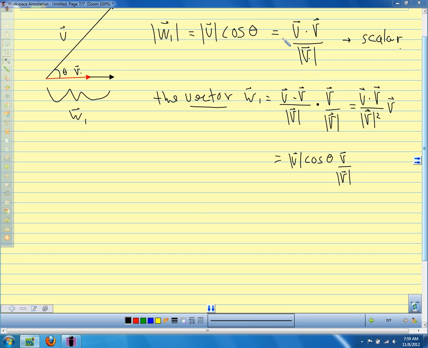We just thought about it as this quantity times a unit vector. But we say that the projection onto V of U equals U dot V over the length of V squared times V.